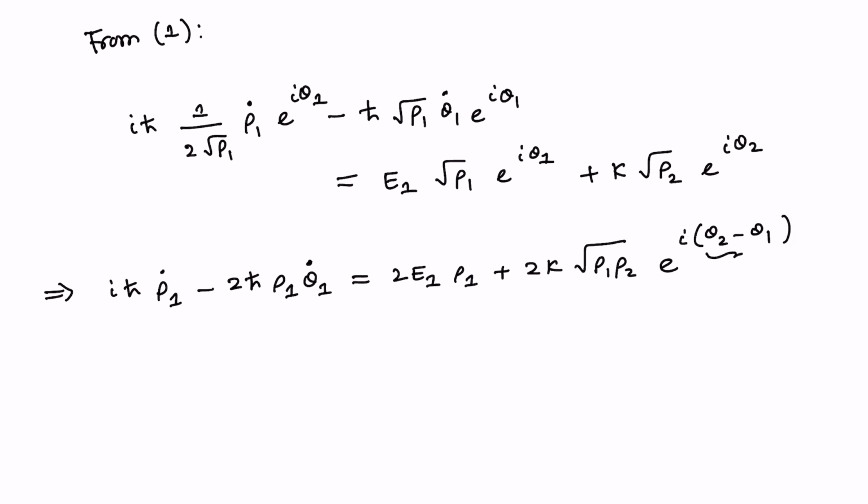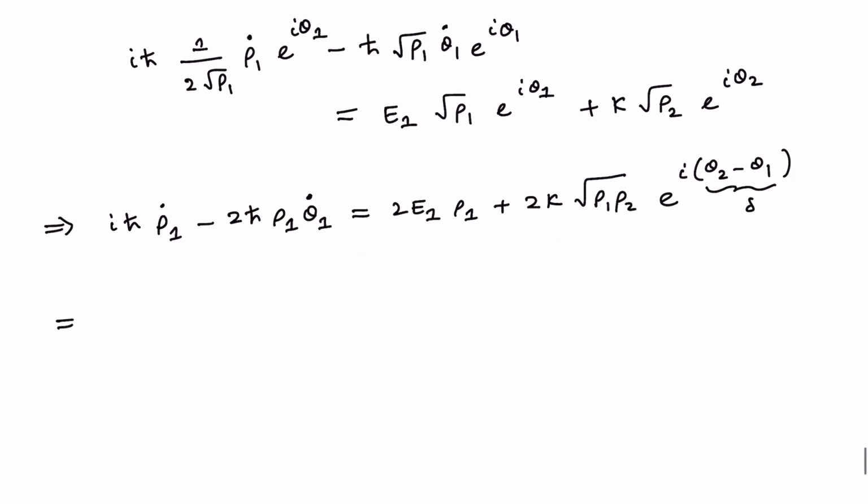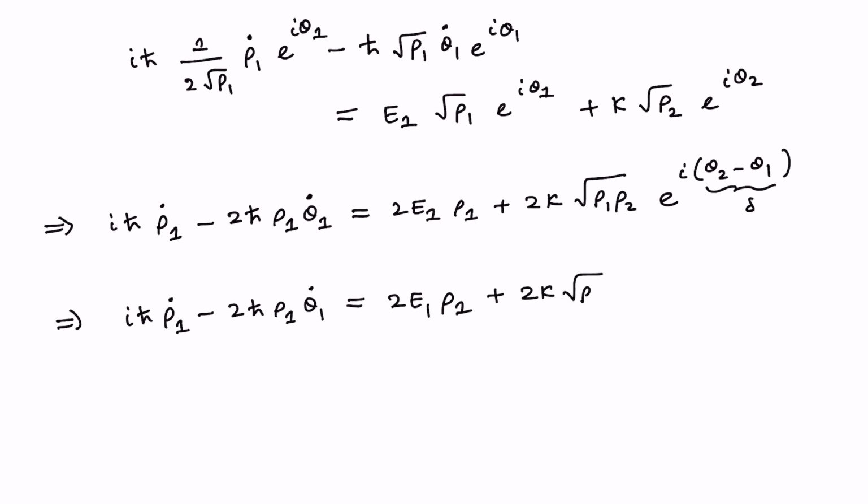Now this θ2 minus θ1 is delta, right? Therefore I can now write it as i h bar ρ1 dot minus twice h bar ρ1 θ1 dot is equal to twice E1 ρ1 plus twice k square root of ρ1 ρ2 e to the power i delta.